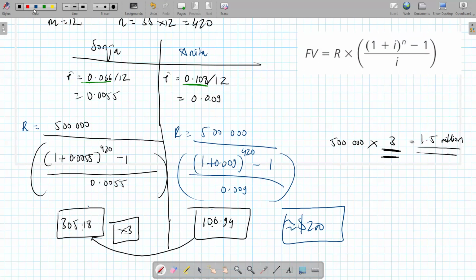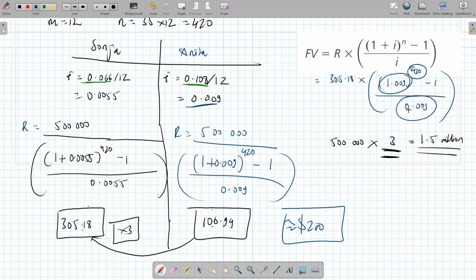This is the formula to use. R is going to be 305.18. Now we're doing it for Anita, so it's going to be this amount, 1.009 to the power of 420, minus 1, divided by 0.009. The time hasn't changed. It's still 35 years, still monthly, so this stays unchanged. The rate hasn't changed, so these stay unchanged.